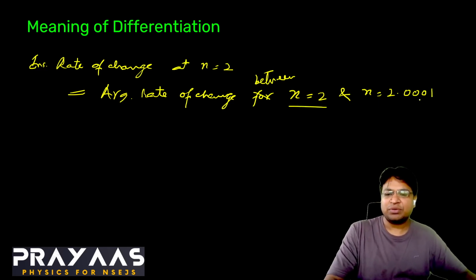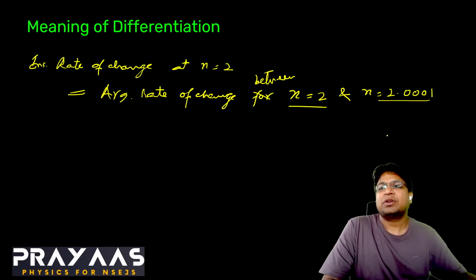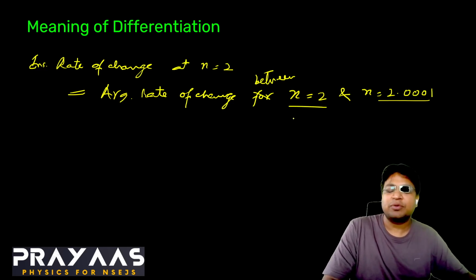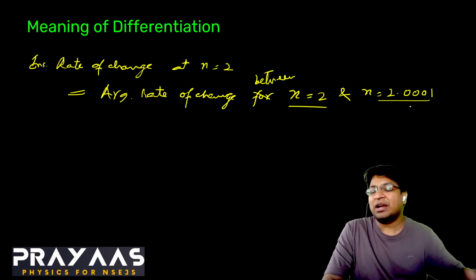So if I choose the points x equals 2 and x equals 2.001, this would be called the instantaneous rate. And again, the more zeros you put in between, the more accurate an answer you are going to get.